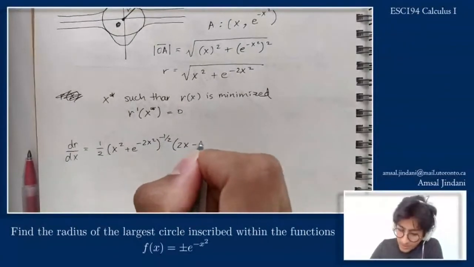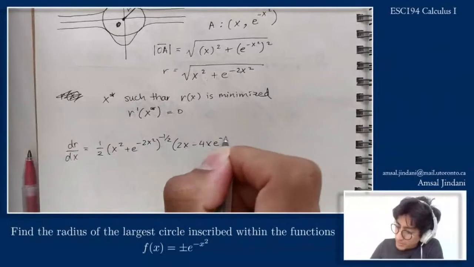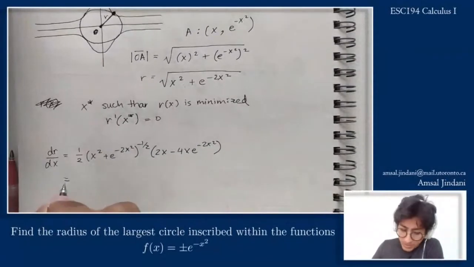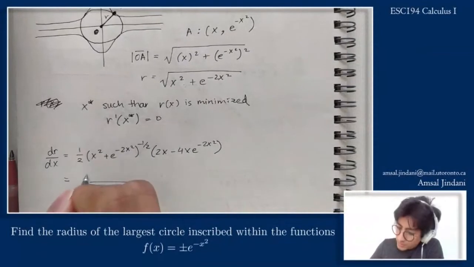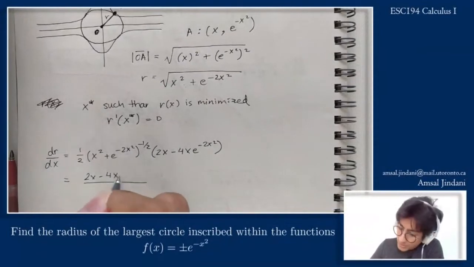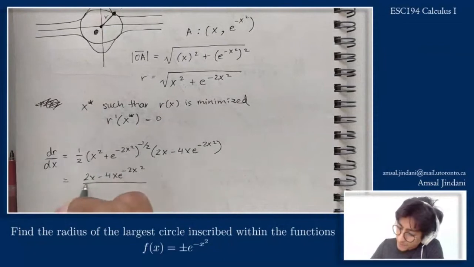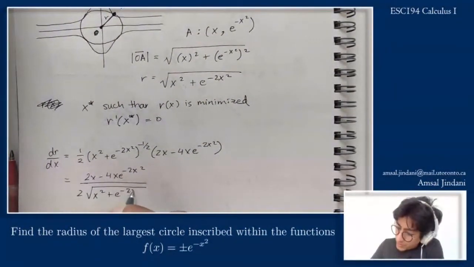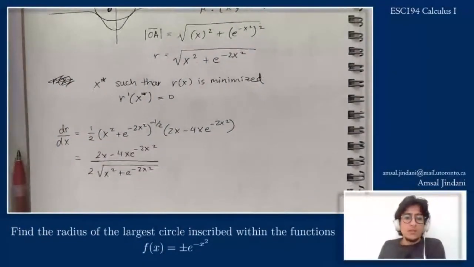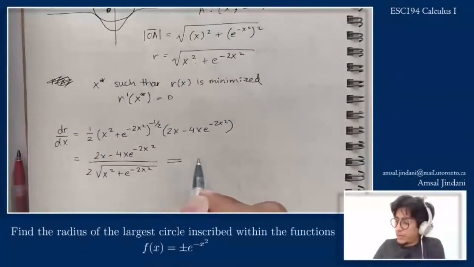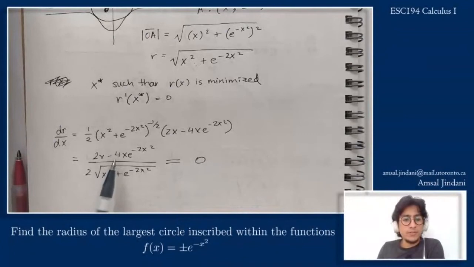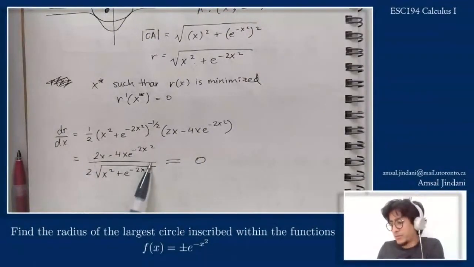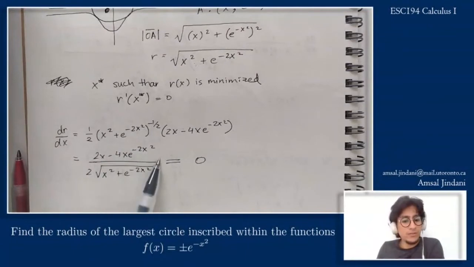So you get 2x minus 4x e to the minus 2x squared. We can write this out more neatly: 2x minus 4x e to the minus 2x squared, over 2 square root of x squared plus e to the minus 2x squared. Now we want to equate this derivative to 0. If you want the fraction to be 0, you just make sure the numerator goes to 0.